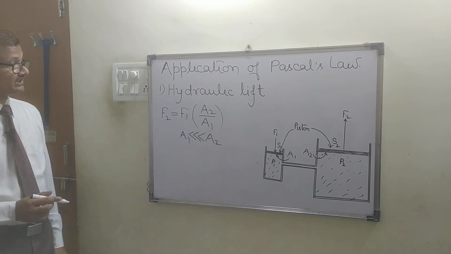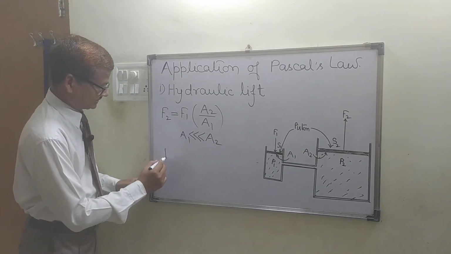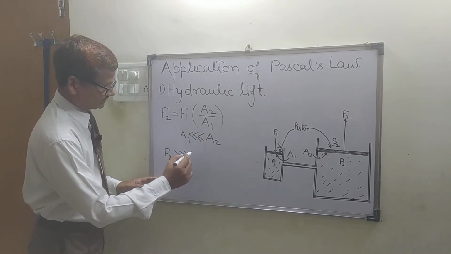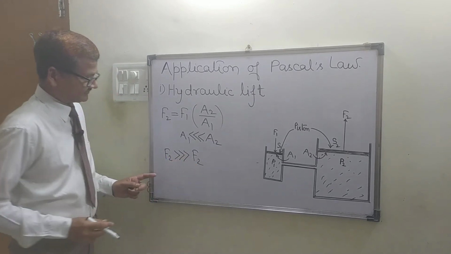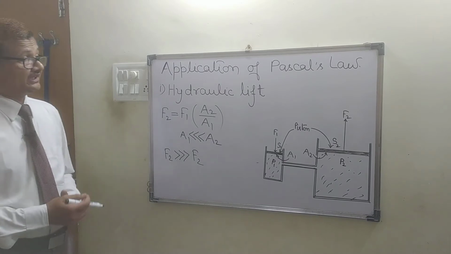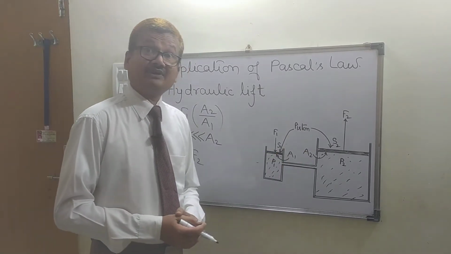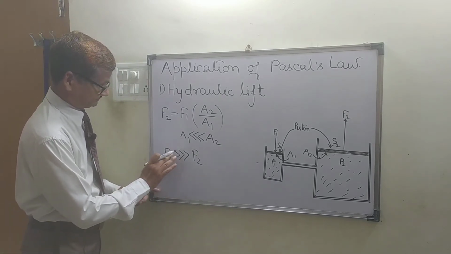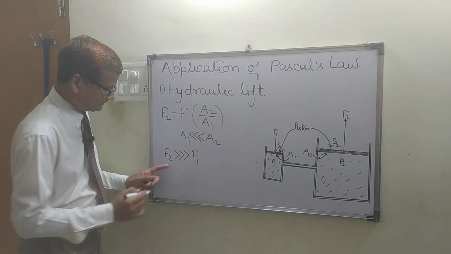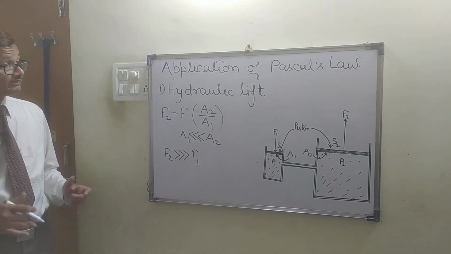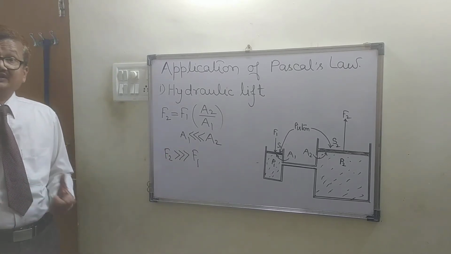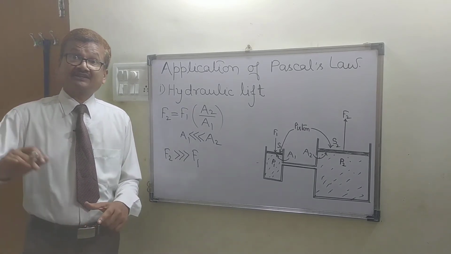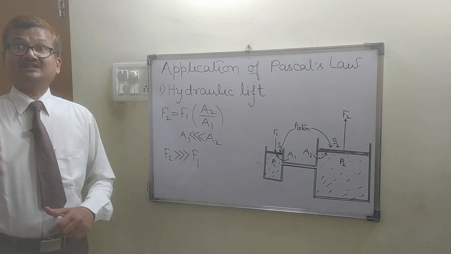So you can conclude here that the force F2 will be very much greater than force F1. Therefore, a heavy object can be easily lifted by applying a very small force on the first piston, and you can lift any object.